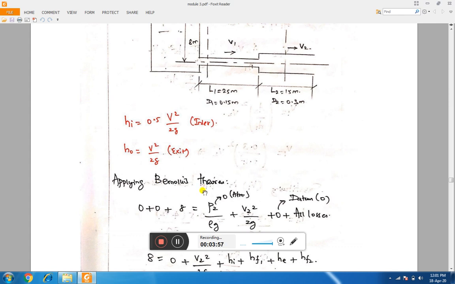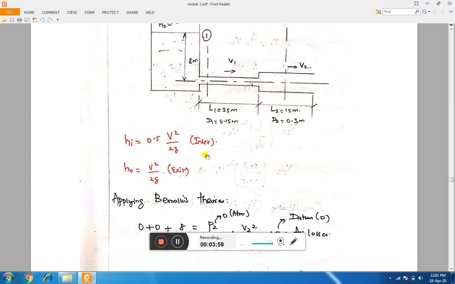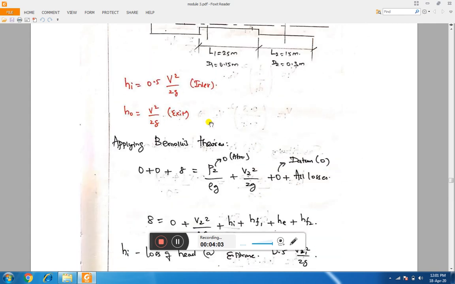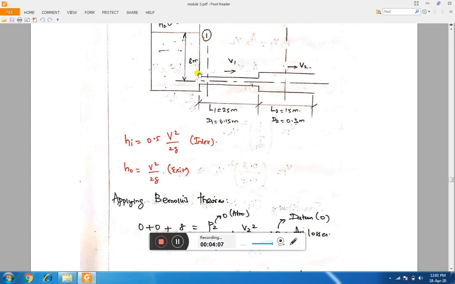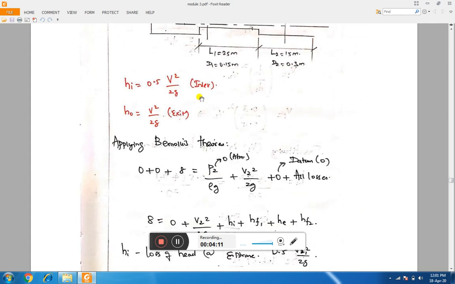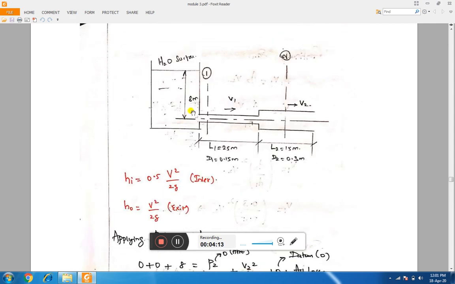Now applying Bernoulli's principle between section 1 and section 2. So where is section 1? Section 1 is here, the line which is drawn here.